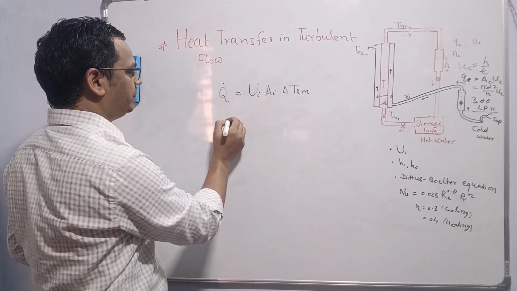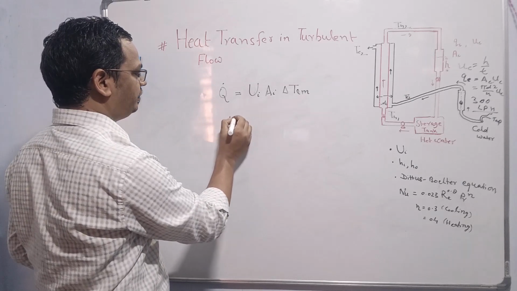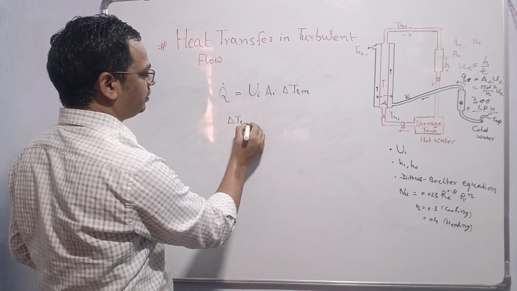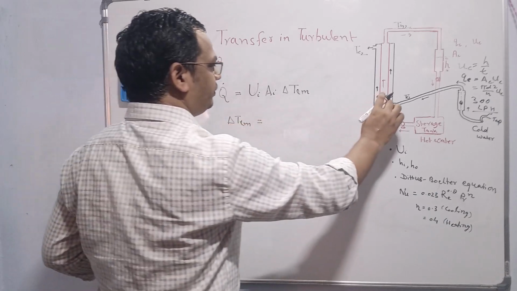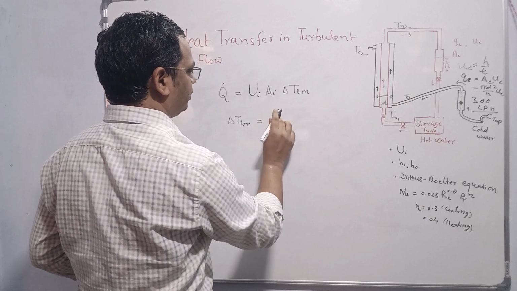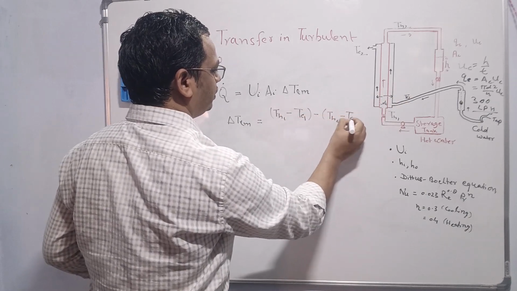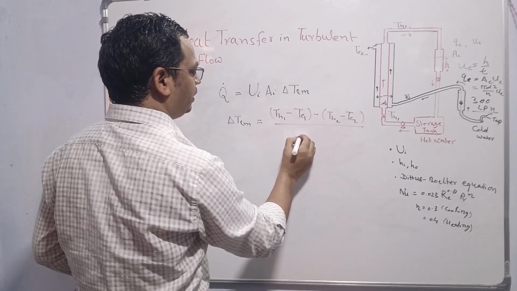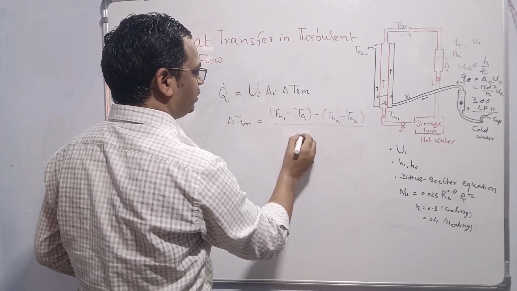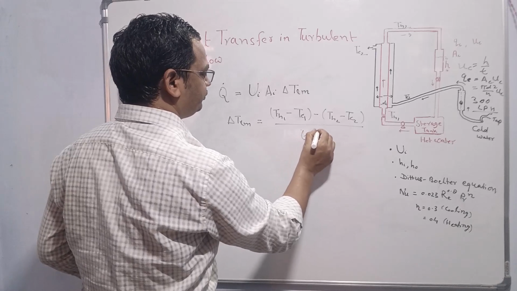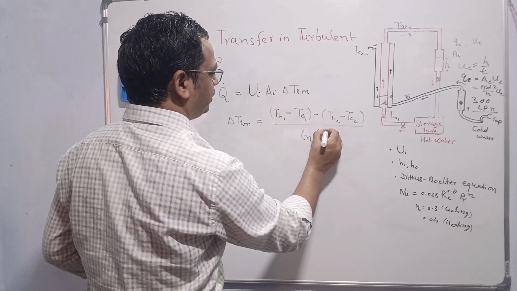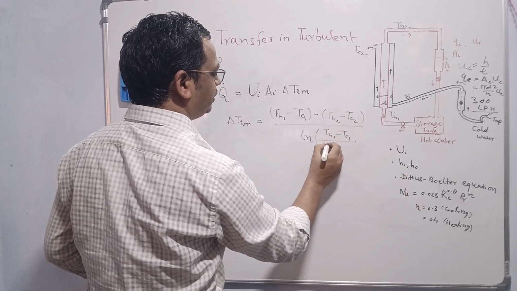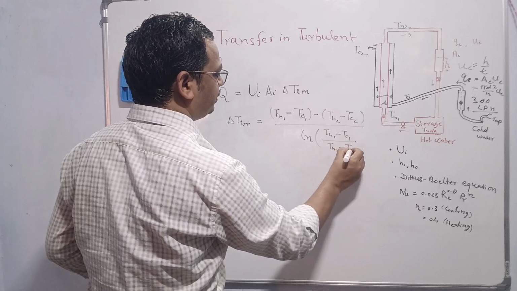So delta TLM, that is the logarithmic mean temperature difference, is the temperature difference at the inlet minus temperature difference at the outlet, divided by ln of TH1 minus TC1 divided by TH2 minus TC2.